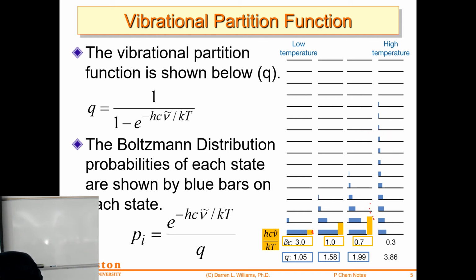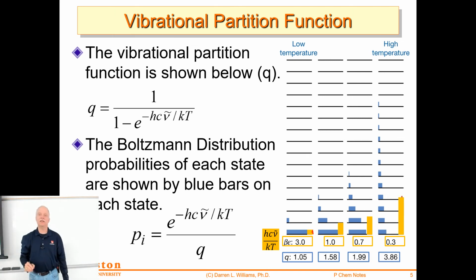And so now we're above that. The temperature gives us more than enough energy to populate that first level, and you can see how high the probabilities go of being populated. Now we're at V equals 0, 1, 2, 3, 4, 5. V equals 5 is substantially populated, or at least has some in it. Then if we go to a temperature 3 times the energy level spacing, look at how high it goes.